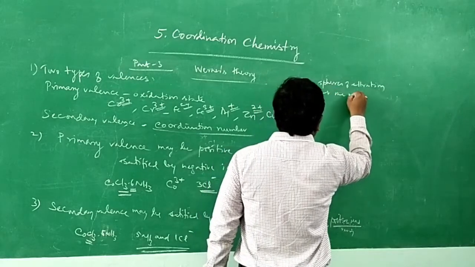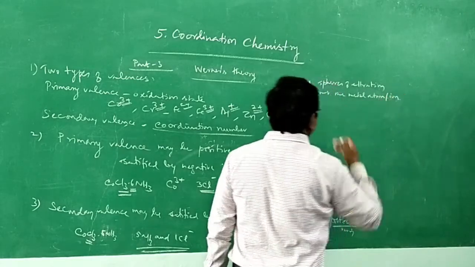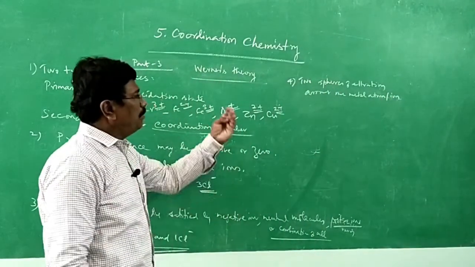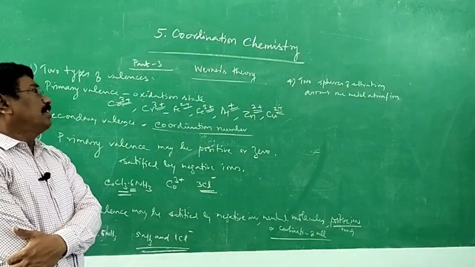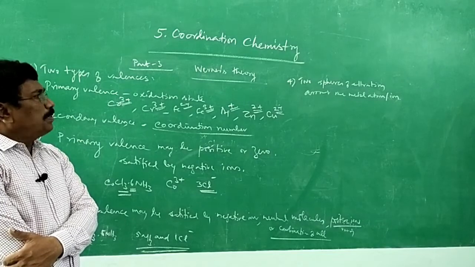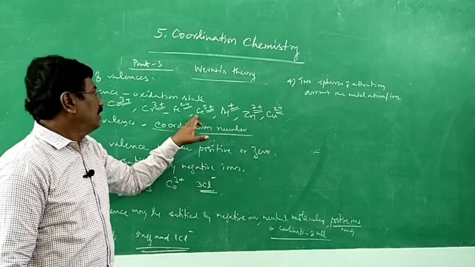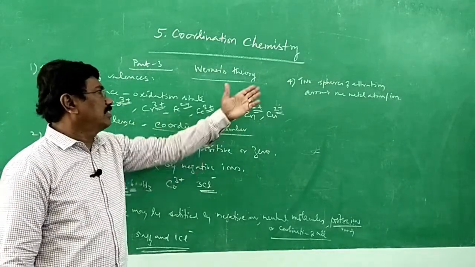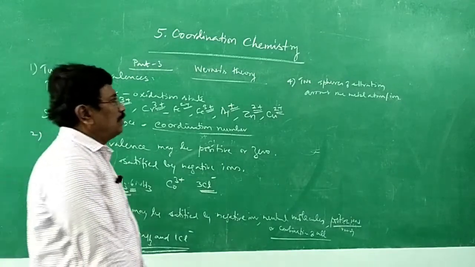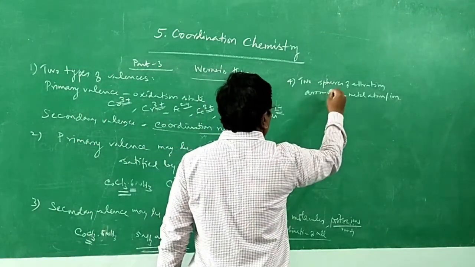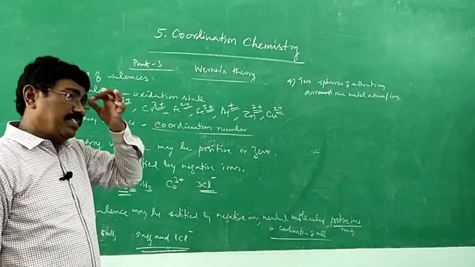Earlier we started with element; the element is usually a metal, and very rarely we get some other element. Therefore, we mentioned metal. If it happens to be the central metal ion of the complex, there are 2 spheres of attraction around the metal atom or ion.